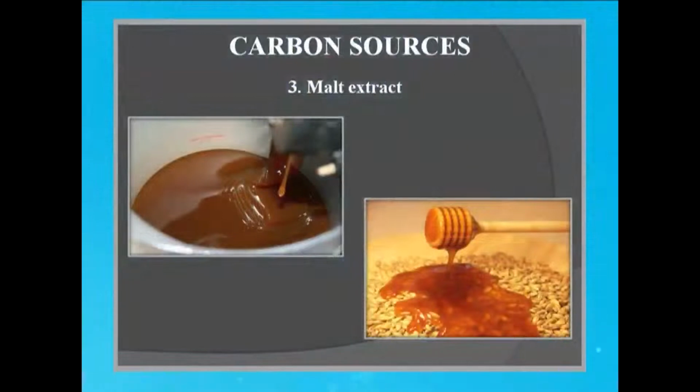This gives rise to malt, and then the malt is taken and an aqueous extract is obtained, which is called malt extract. This can be concentrated to give us a chocolate colored liquid, and this is the malt extract often used for preparation of beer and whiskey.